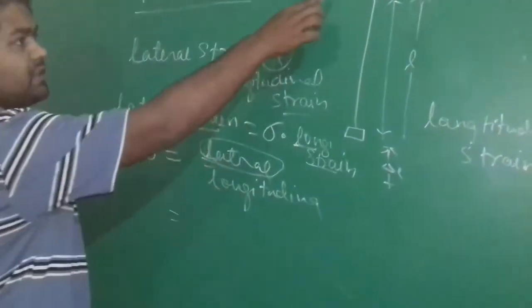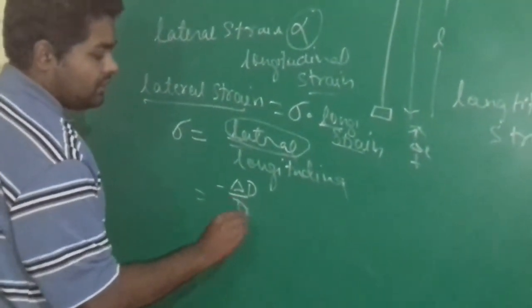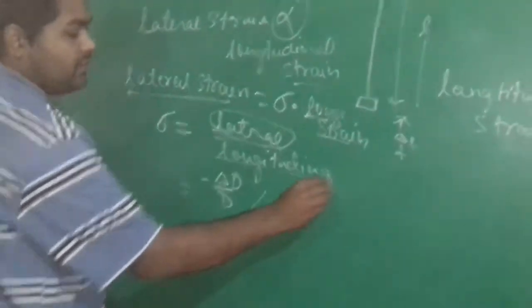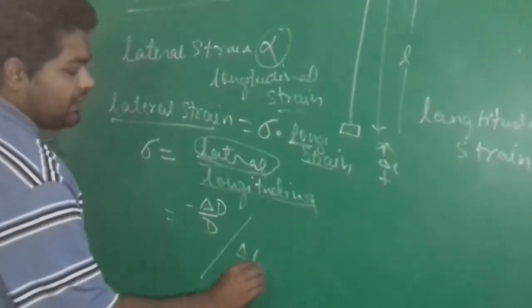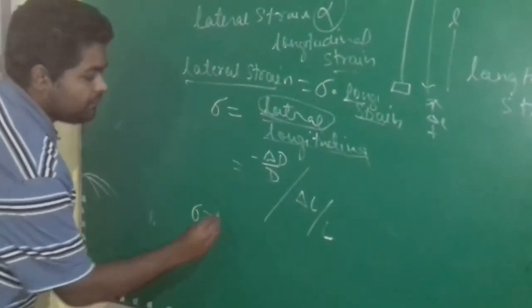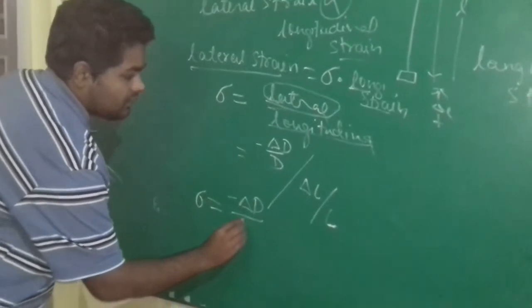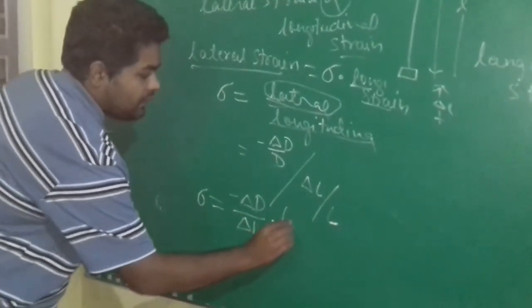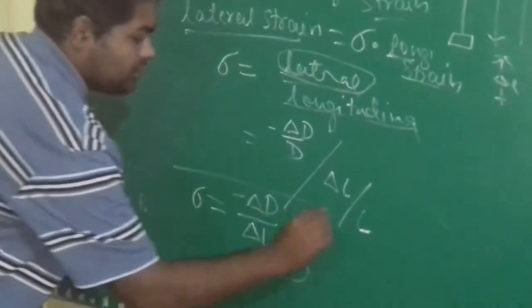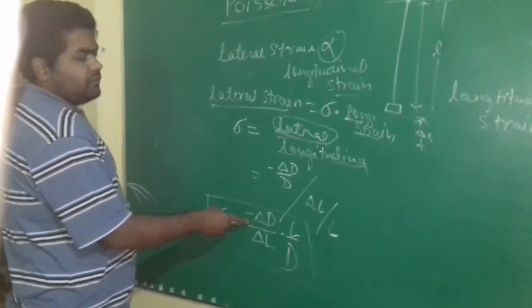Diameter is decreasing, so here we will take delta D upon D, whereas longitudinal will be delta L upon L. So sigma, that is Poisson ratio, will be minus delta D upon delta L into L upon D. So this is the relation, Poisson's ratio. Negative sign is for the decrement of diameter.